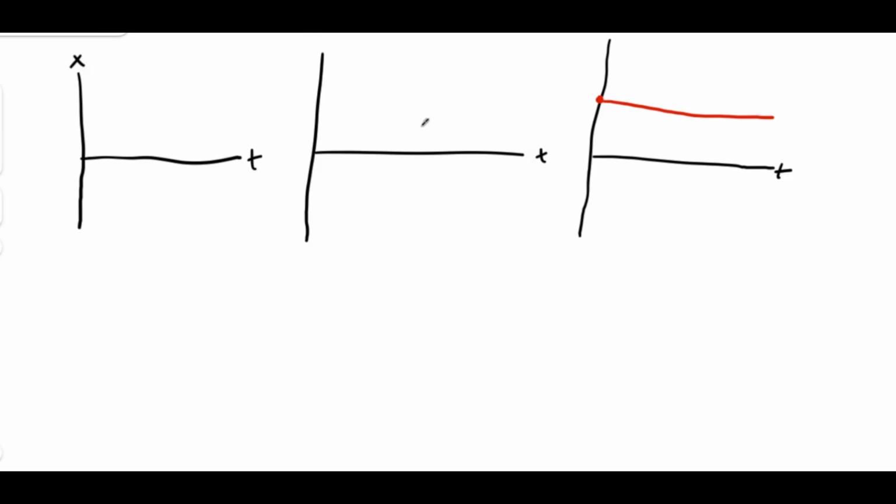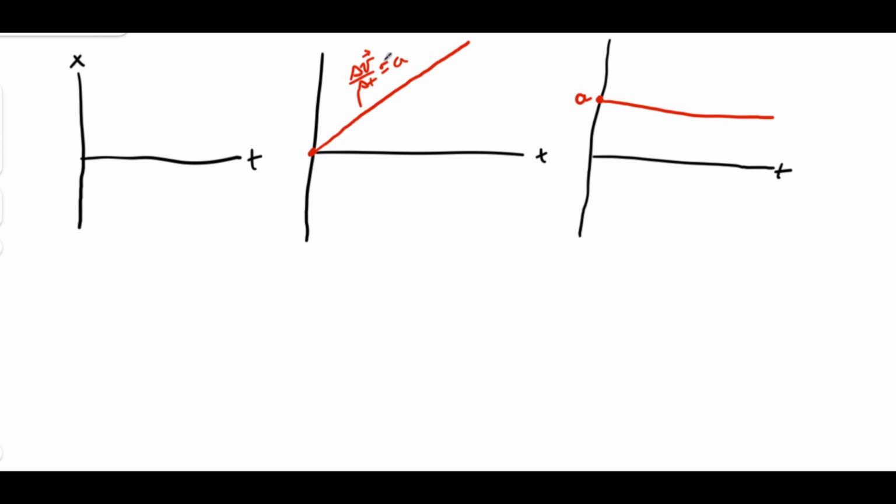Meaning, let's just start at 0 here. Our velocity would be constantly increasing, since linear graphs have a constant slope. Everywhere here, the change in velocity over the change in time is equal to this number a.